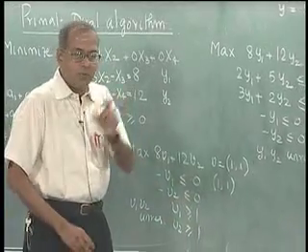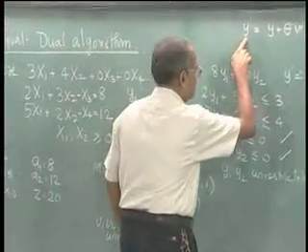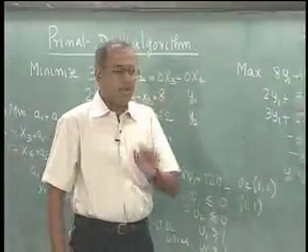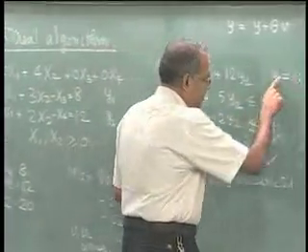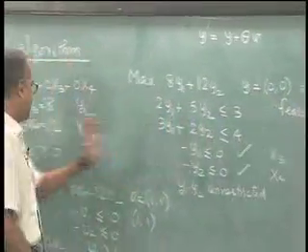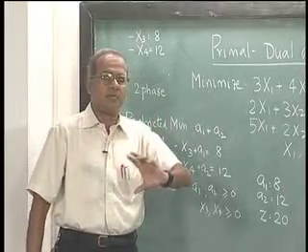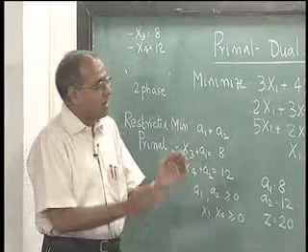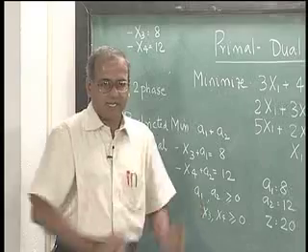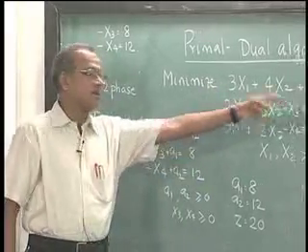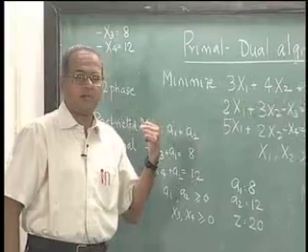Now, what do we want this Y dash to have? Obviously, when we started with Y equal to 0 0 and wrote its restricted primal and solved it, it turned out to be infeasible. Now, we want to define a Y dash which is feasible to the dual, whose restricted primal we will now solve.